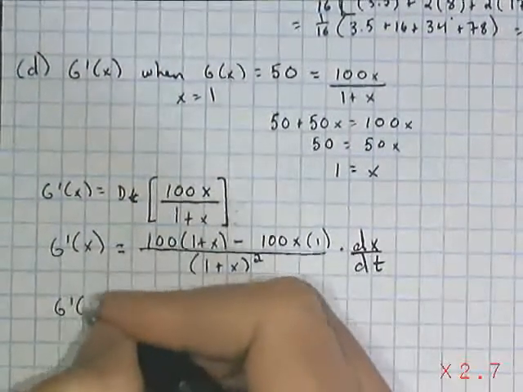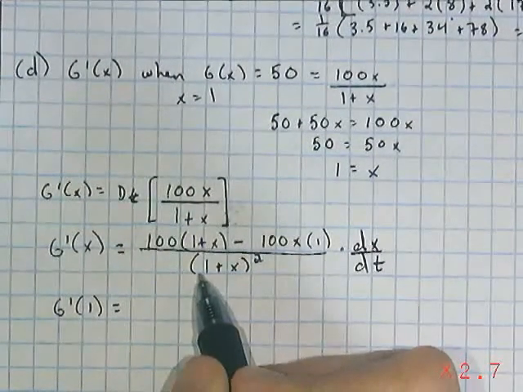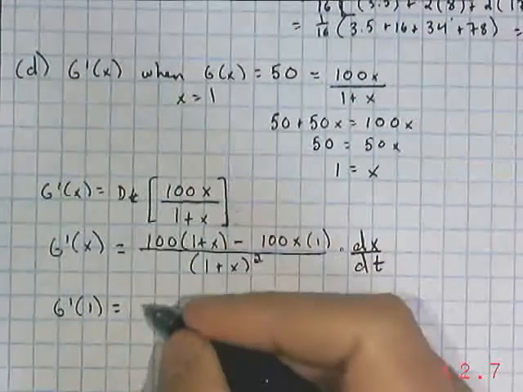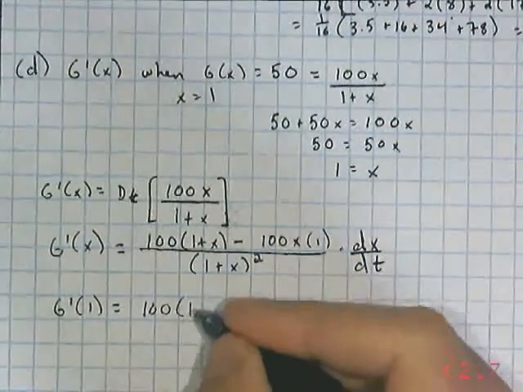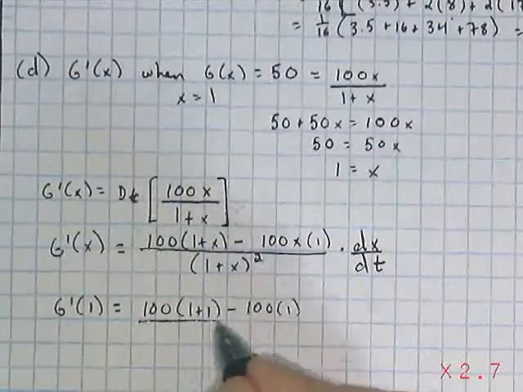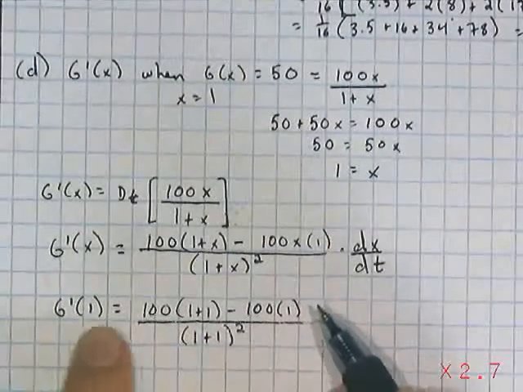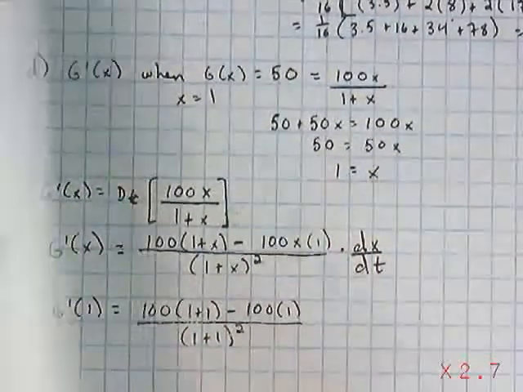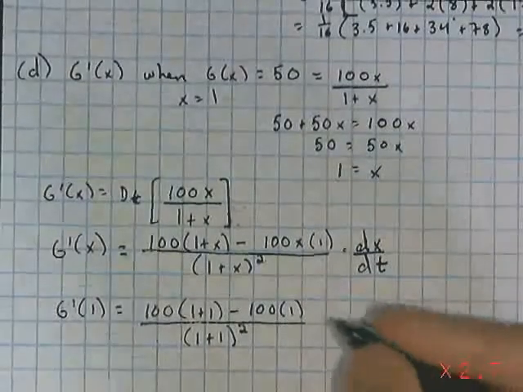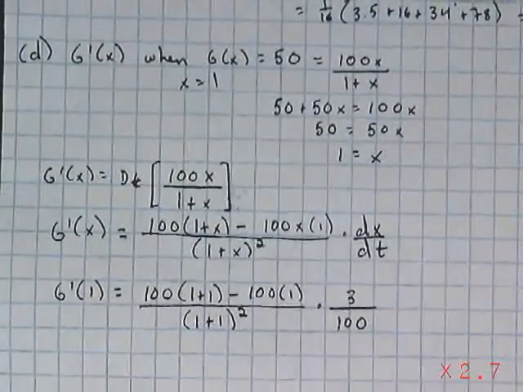So g prime of 1 is 100 times 1 plus 1 minus 100 times 1, all over 1 plus 1 squared, times dx/dt, which was 0.03. Let's call it 3 over 100. I think that'll work out a little nicer for us.